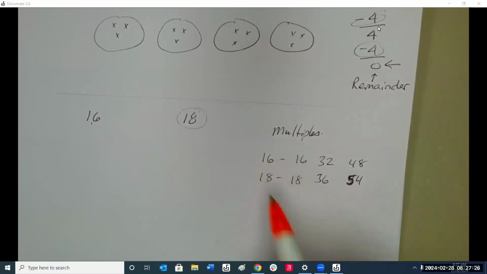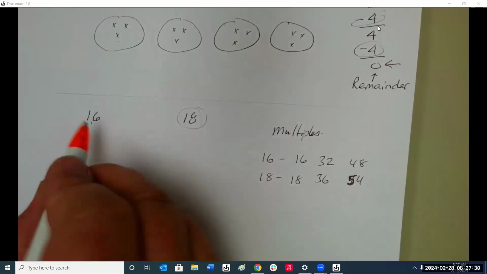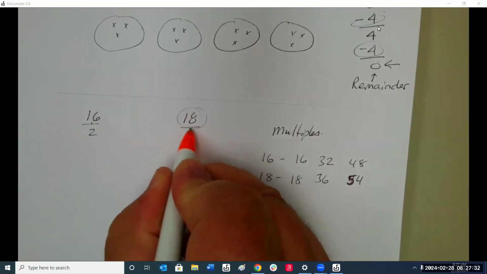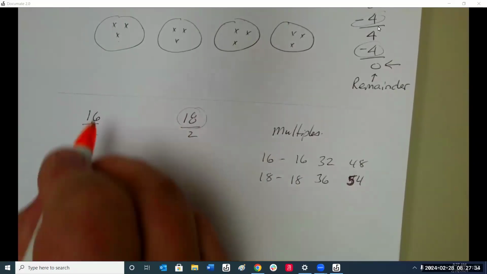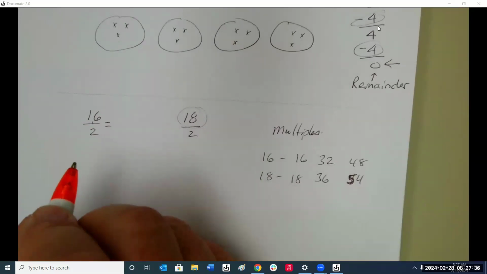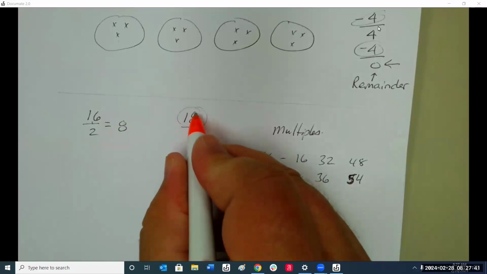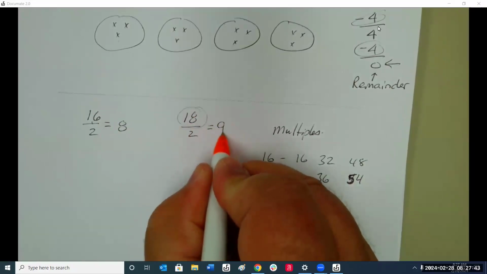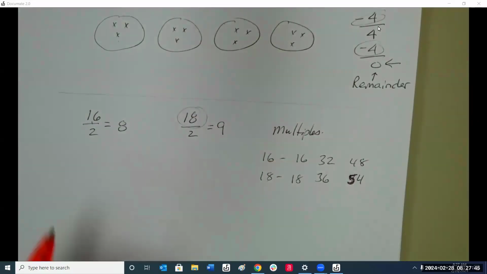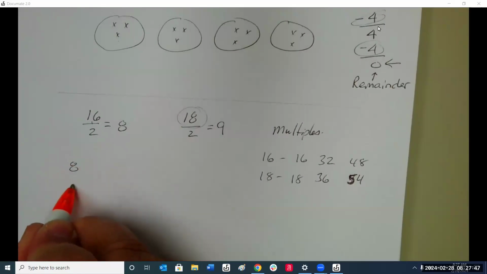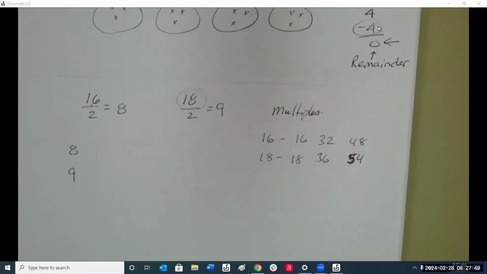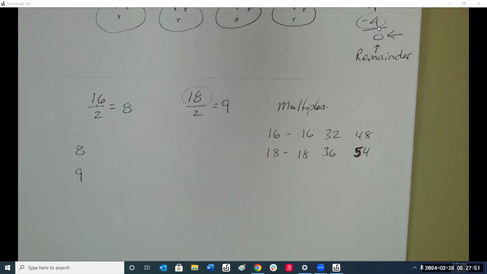Do 16 and 18 have anything in common? Yeah, so they both have a 2 in common. 16 divided by 2 is what? In other words, what's half of 16? What's half of 18? Now we just have to look at 8 and 9, which is a lot easier than those.